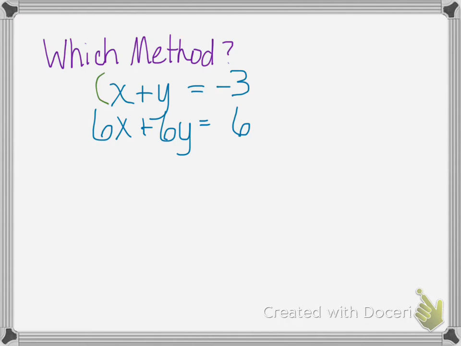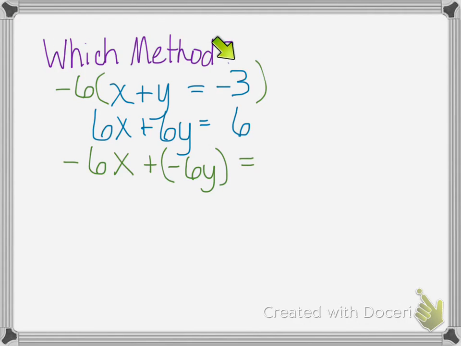If I multiply this first equation by -6, then I can eliminate the x variable. So I get -6x plus -6y is equal to, and then don't forget the -6 times the -3 would be positive 18.